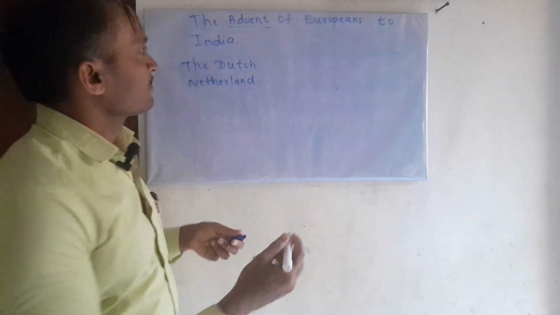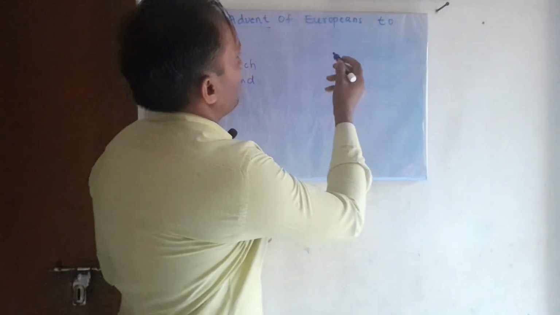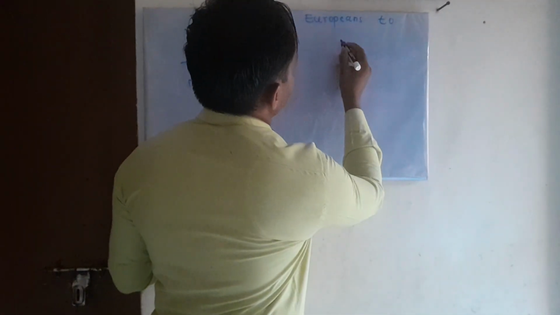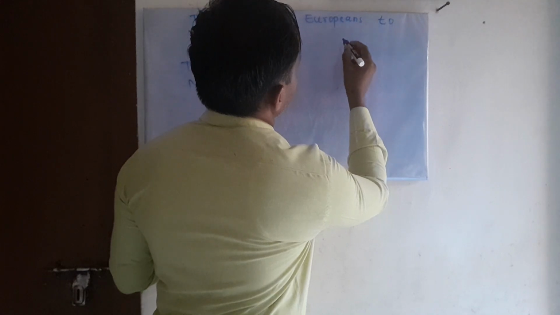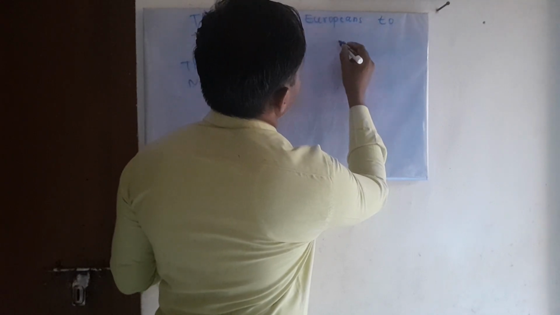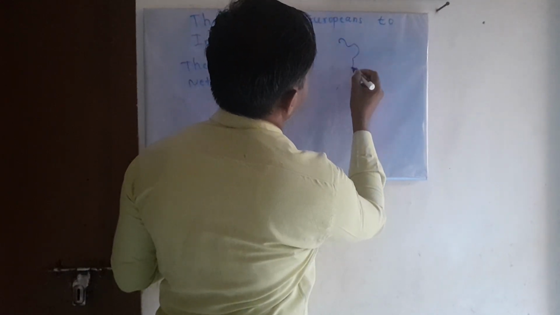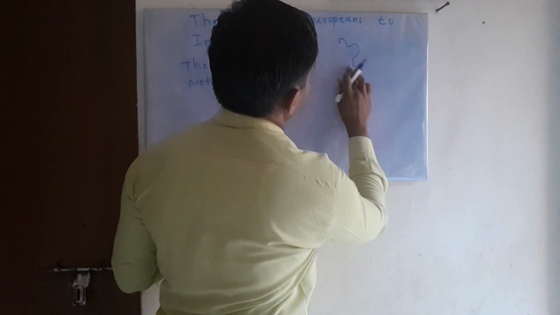Let us identify the trade centers of all of these Europeans. Now we have to draw the Indian map.